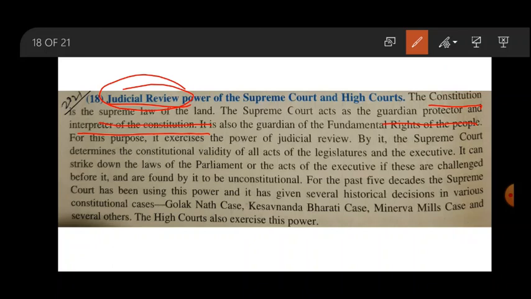That means whatever the Supreme Court interprets of the Constitution of India is what is to be understood by the citizens of this country. They are the sole interpreter of the Constitution of India. It is also the guardian of the fundamental rights of the people.